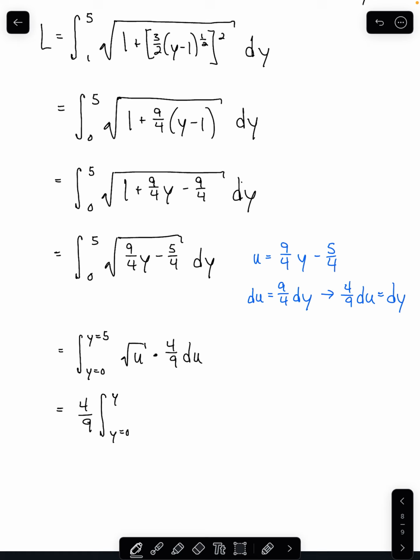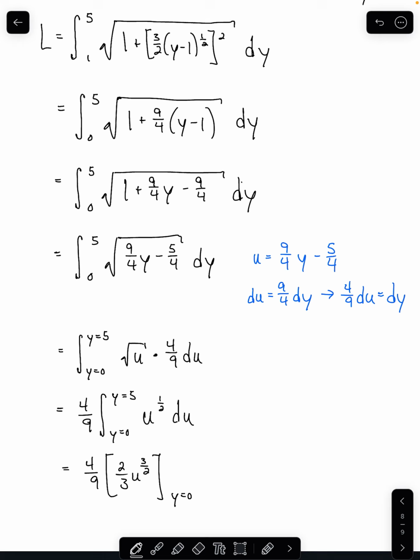We can bring the 4/9 out front since it is a constant multiple. We can rewrite the square root of u as u to the 1/2 so that we can use the power rule on it. And this gives us 4/9 times the antiderivative, which is 2/3 u to the 3/2, evaluated at y equals 5 and at y equals 1.